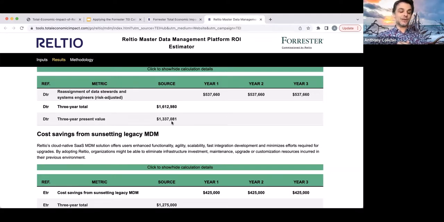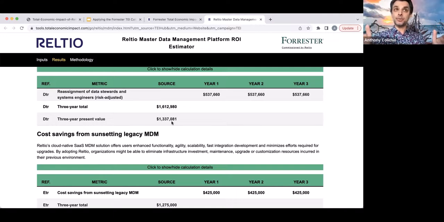I was with a customer a couple of weeks ago, and they explicitly called out, this was with a Reltio prospect, they said, going into 2023, we have some serious challenges with human resources. It turns out in 2023, it looks like the workforce is getting really small and we're having to pay a lot more.